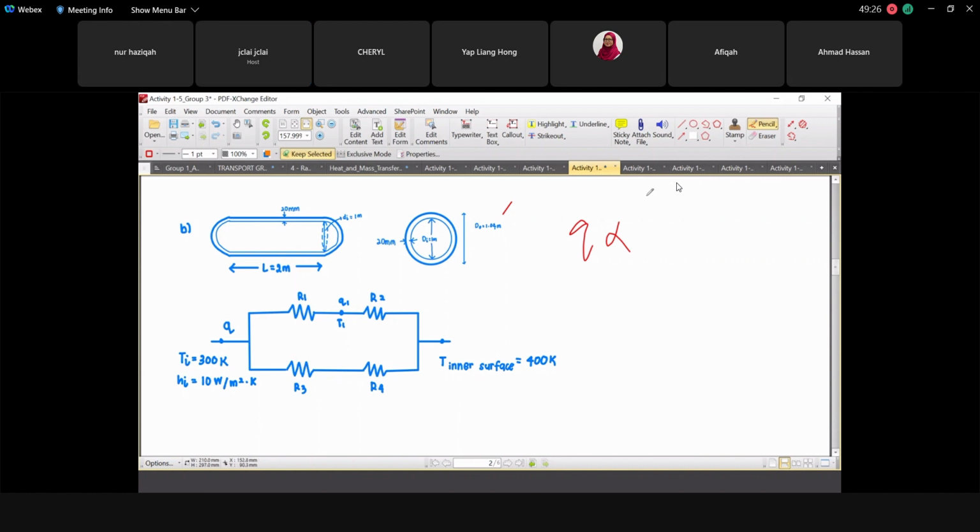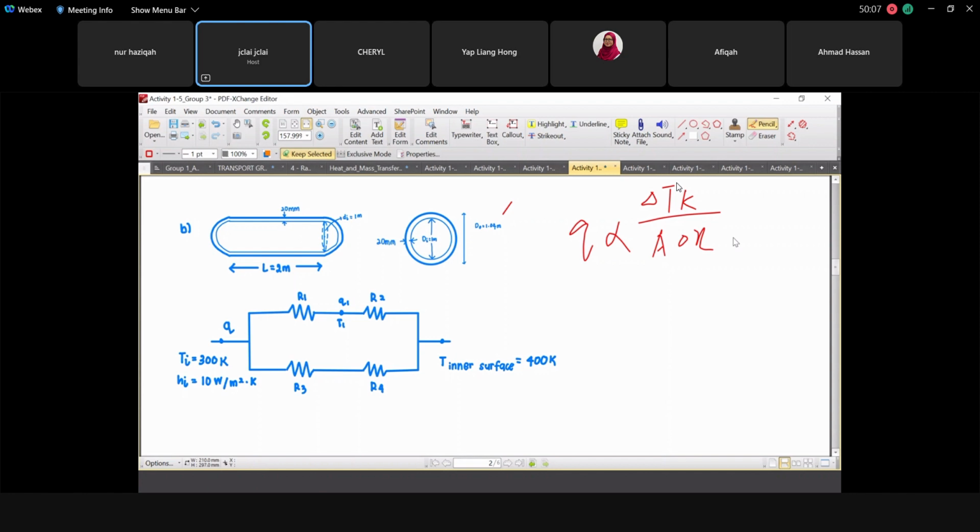It depends on the temperature difference, and it depends on the thermal resistance, which depends on the area and the distance between the two points.